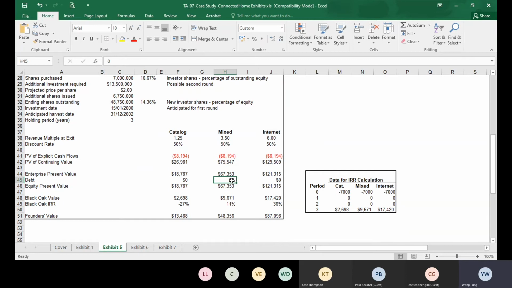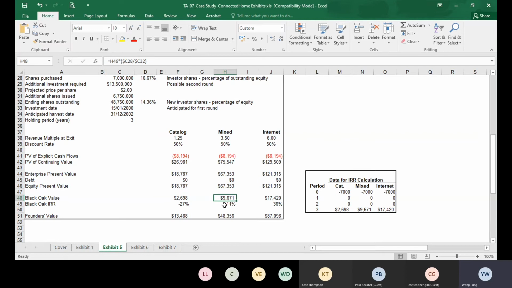No debt is assumed within this time period. Then the equity value is here. By calculating all of them, 3 scenarios based on a successful case, then the Black Oak value, the investor value, is 9,671,000. Remember, they invest $7 million.